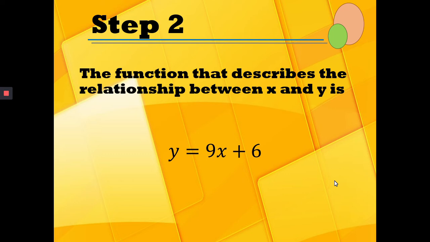Because we want to know how many semesters, yung kailangan pa niyang i-take. So this will be the function that will be describing the relationship of both x and y. Later on we will be using this function to solve the problem.